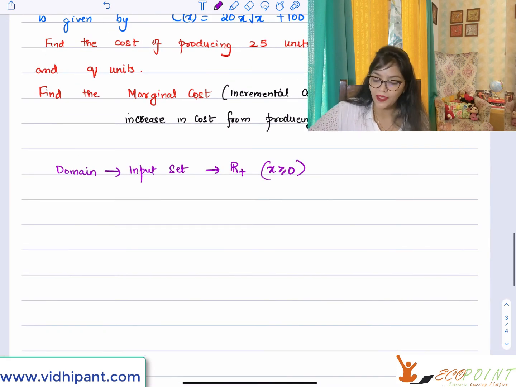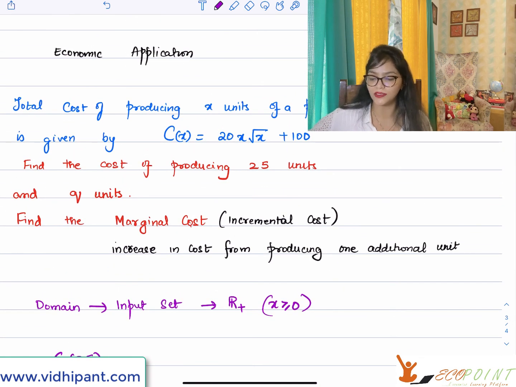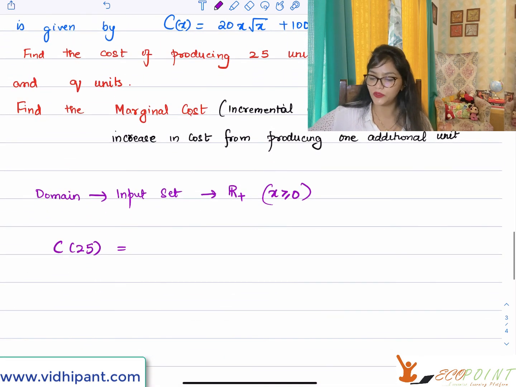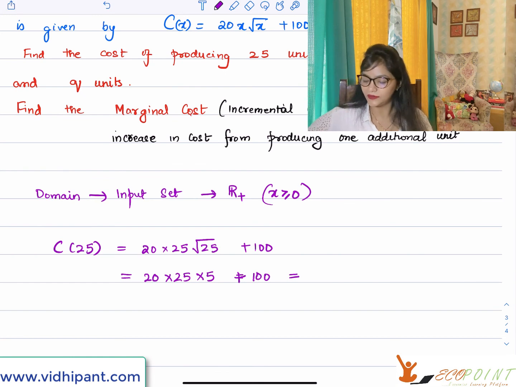It's not a problem. Now we need to find out the cost of producing 25. So we have a relation already provided in terms of cost function. So cost of producing 25 units will be simply 20 into 25 into square root of 25 plus 100. So that means it's 20 into 25 into 5 plus 100, which when you multiply, you will get 2500 plus 100, that is 2600.